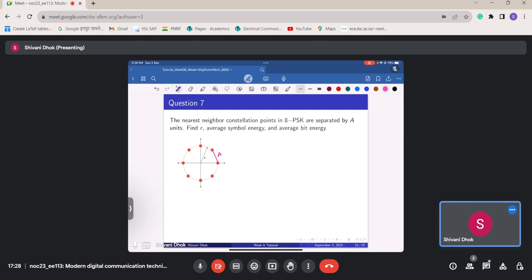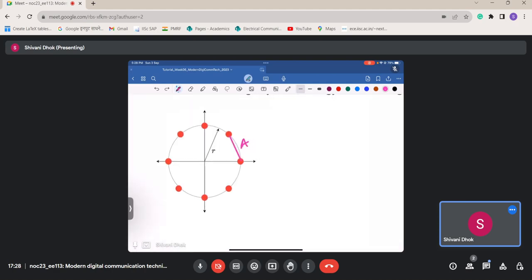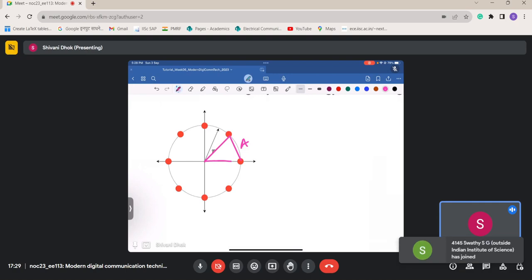Same thing. Now if I draw this triangle from here and like this, this is R and this is R, and this angle here is 45 degrees.